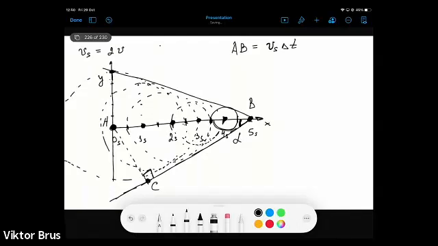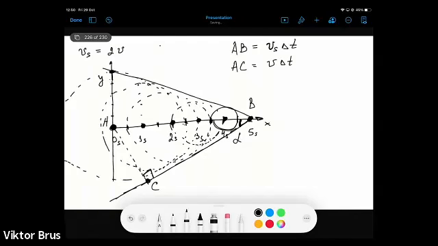Then the distance from point A to point C, AC, will be equal to the speed of sound V times the same time interval t.